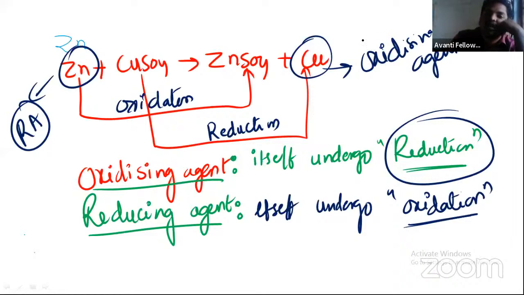So actually, the copper ion will behave as the oxidizing agent. I hope you people understand this one. If you are clear with this, please do tell me in the chat box what is oxidizing agent and what is reducing agent.